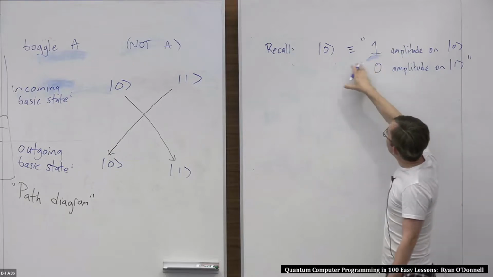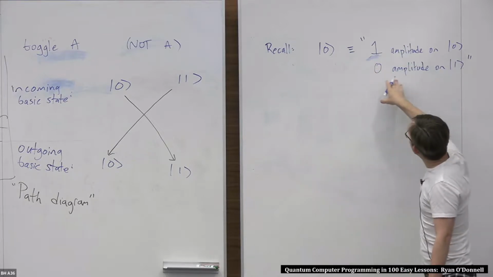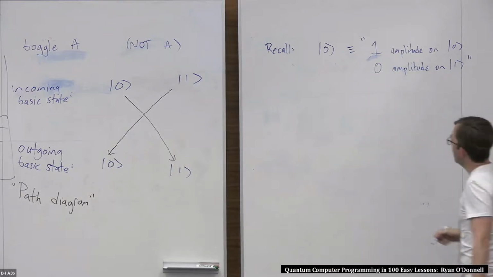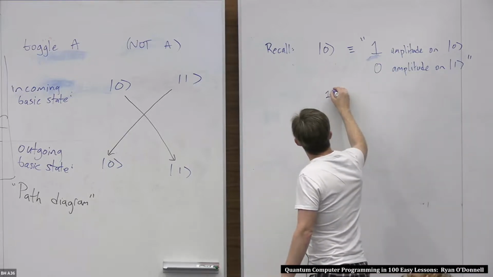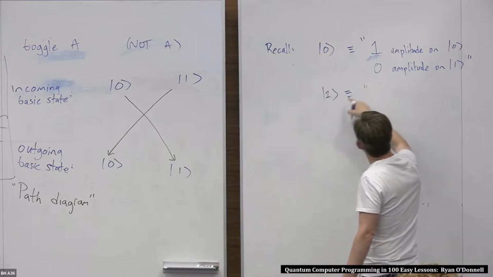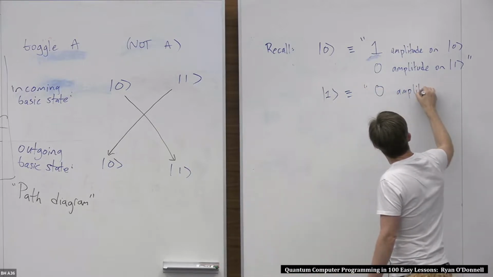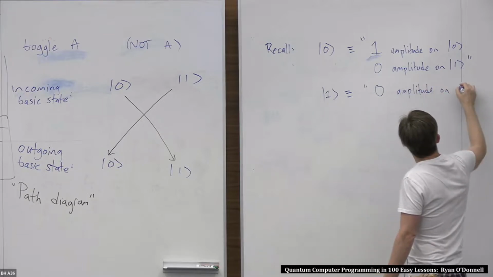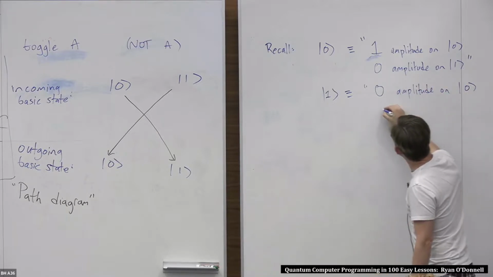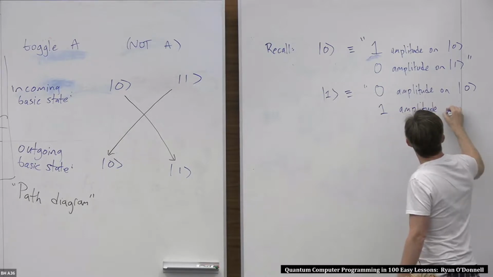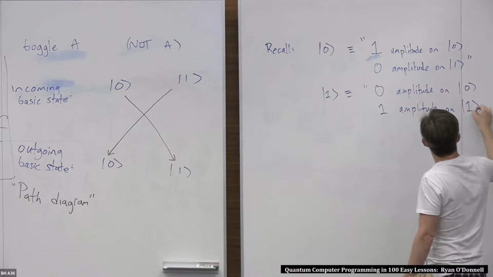This is the full way in which this is a valid state for a qubit. And remember, these two numbers, when you square them, they add up to 1. And similarly, this basic state, which we call basic state 1, this is no amplitude on basic state 0, and 1 amplitude on basic state 1.